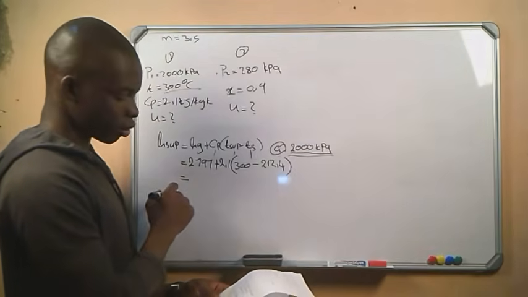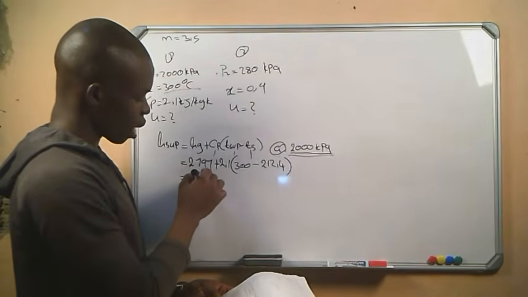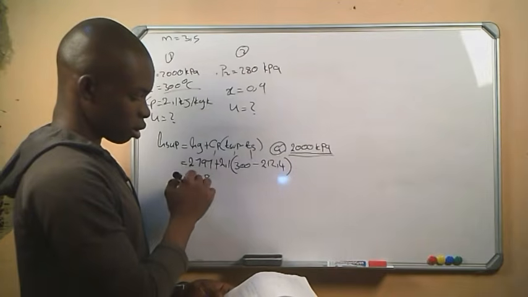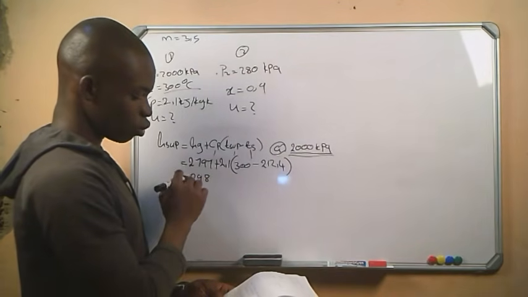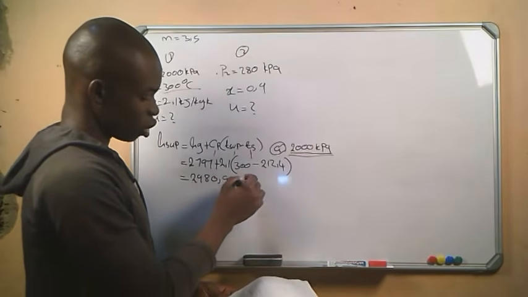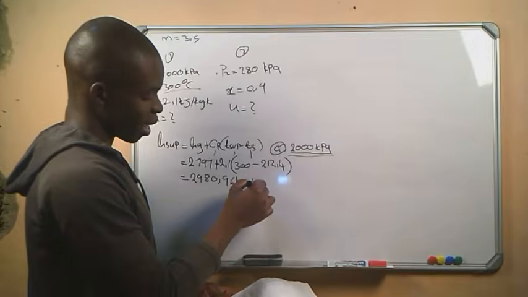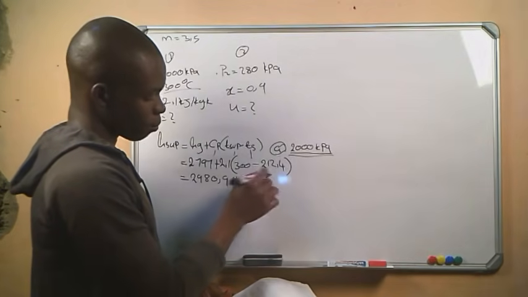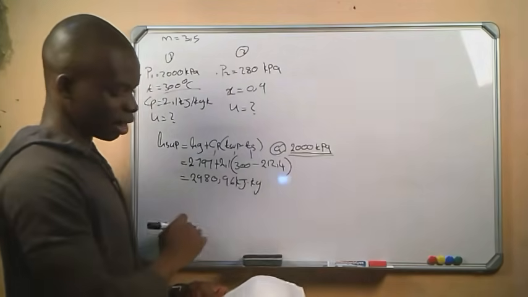This is equal to 2980.96 kilojoules per kg. Yes, it's per kg.